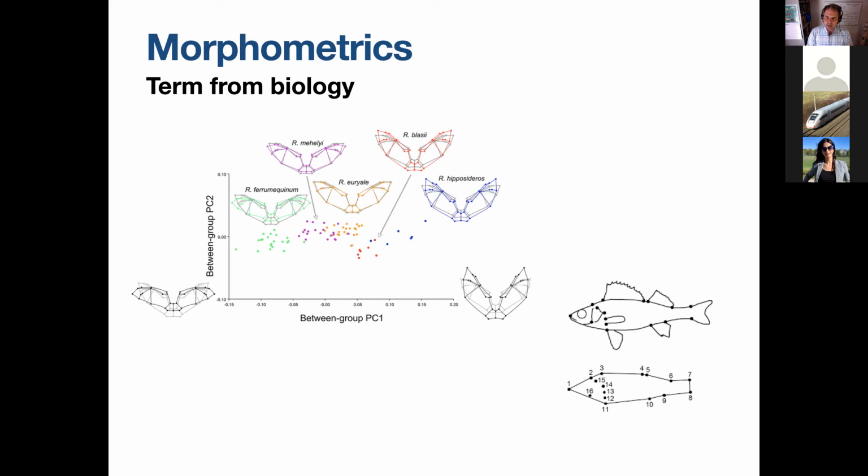Like with the fish over here, the tip of the nose and the end of the gills is a clear point that you can mark on a fish or a photo of a fish, and so you can mark those things and see how far apart they are and how they relate to each other. You have a couple of those points, you turn that into numbers. So you turn the complex morphology, the entire shape of a fish, into a couple of connected dots.